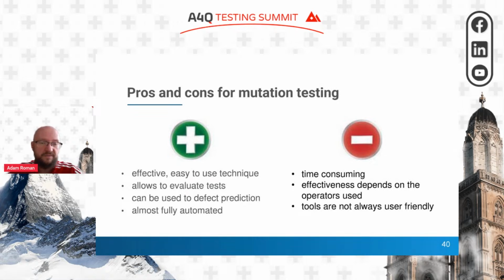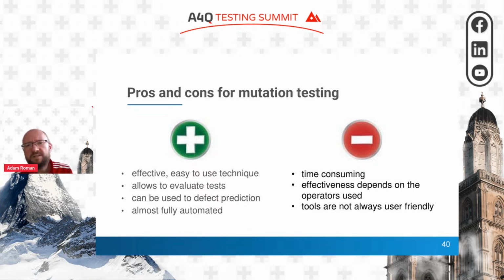So, conclusions. What are the pros and cons of this approach to mutation testing? Pros are as follows. It's a very effective and very easy to use technique. It allows us to evaluate test cases. It can be used to estimate the unknown number of defects, so it can be used in software defect prediction, and it's almost fully automated.